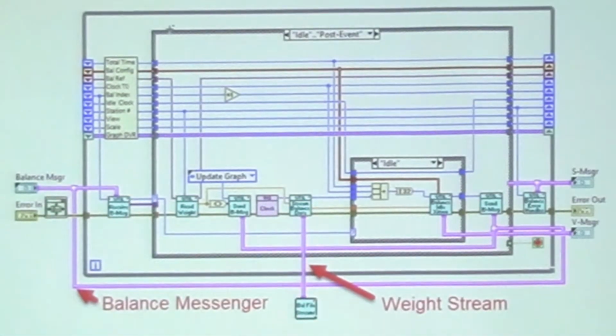One is update graph. It'll update graph, and then we'll go back and do idle, or update graph, pre, update graph, post. This is just a trick to interpose one update graph between any two states of, is the balance stable, is it changing, whatever, because we always want to save and update our graph.